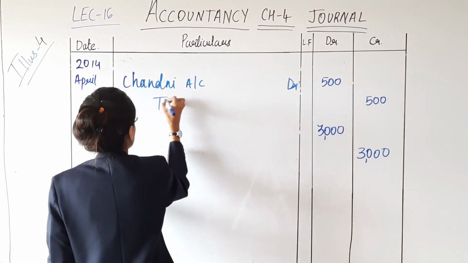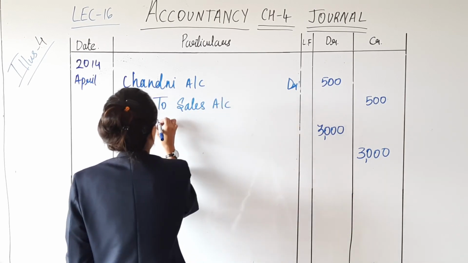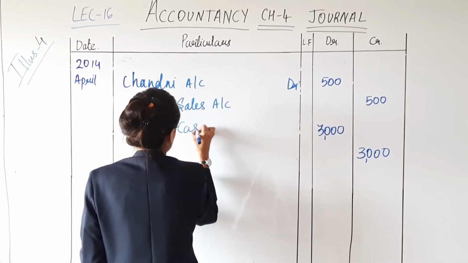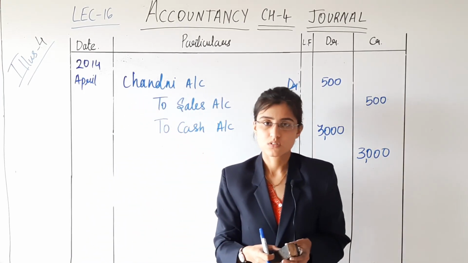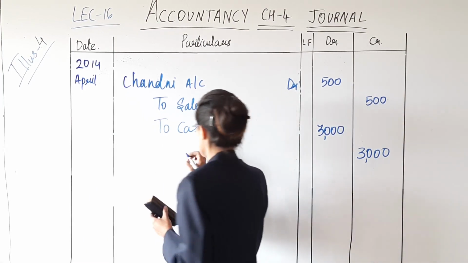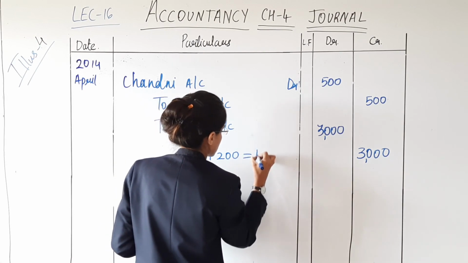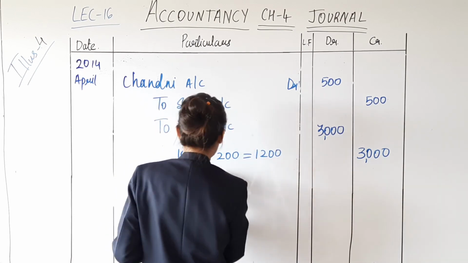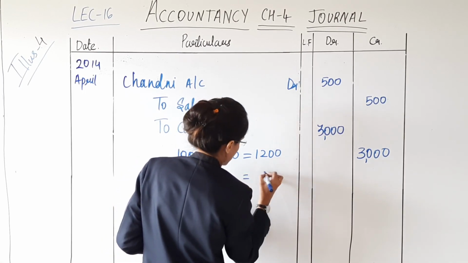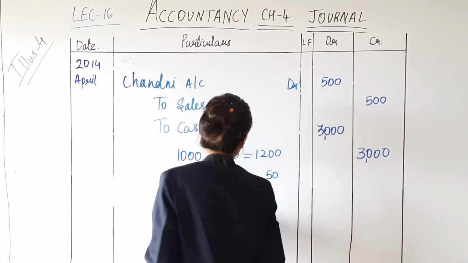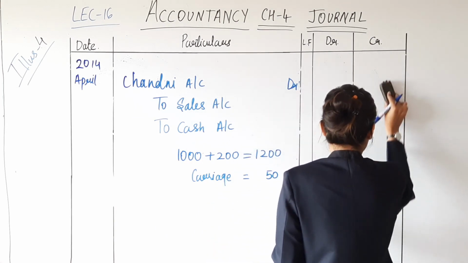And you have sold her goods and you have paid carriage. So, there are goods of rupees 1000. You've added 20% profit, making it 1200, and further there is carriage of rupees 50. Yes. So, Chandni is my debtor.